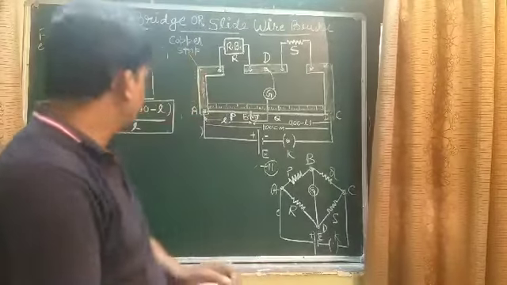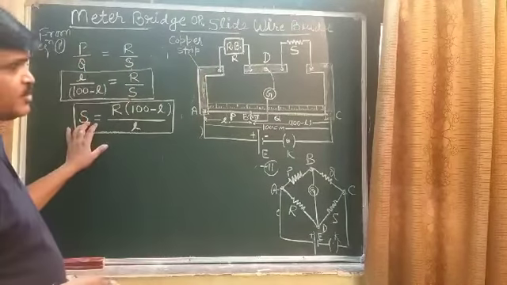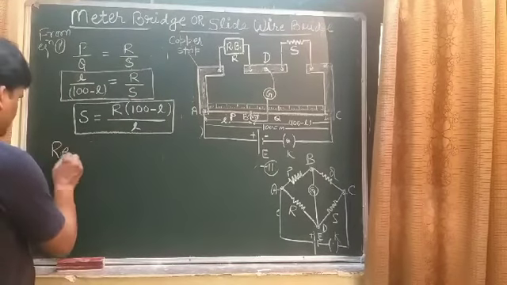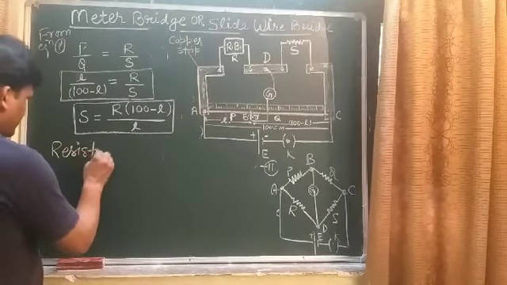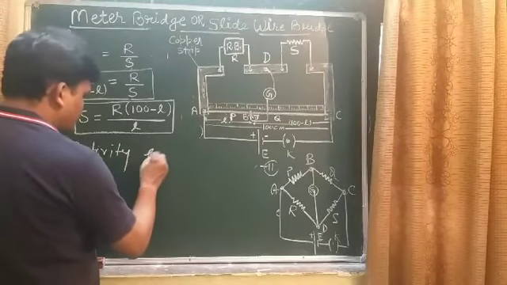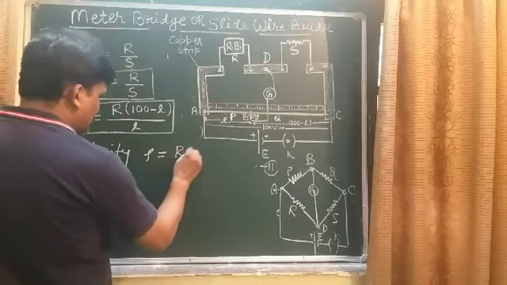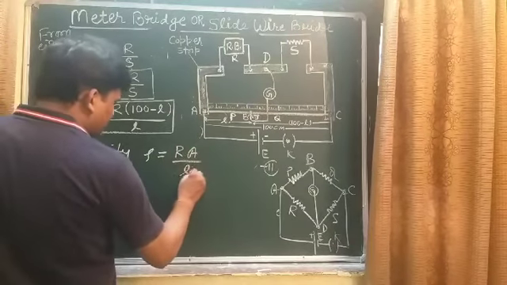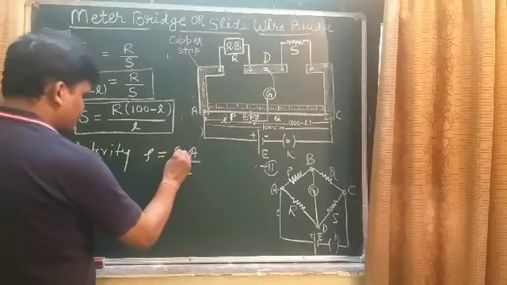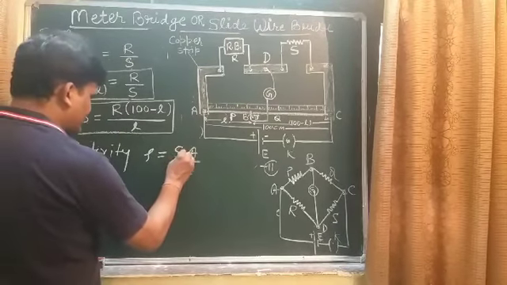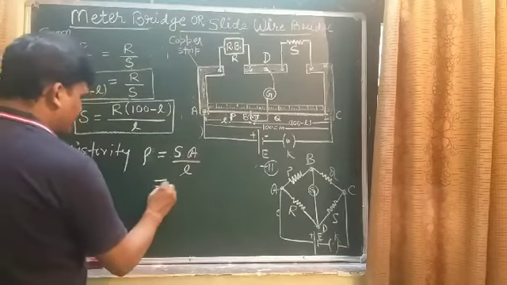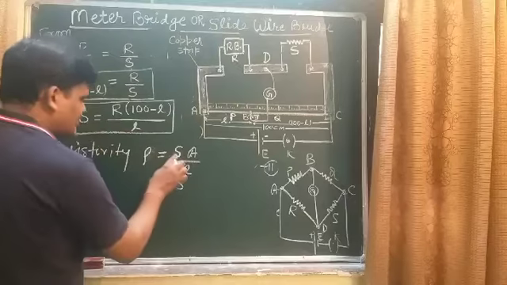First of all, you have to find the resistance using the meter bridge, and you know the formula for resistivity, rho equal to RA by L. Here R is S, so the resistivity of the wire can be written as rho equal to SA by L, where S is the unknown resistance already found.